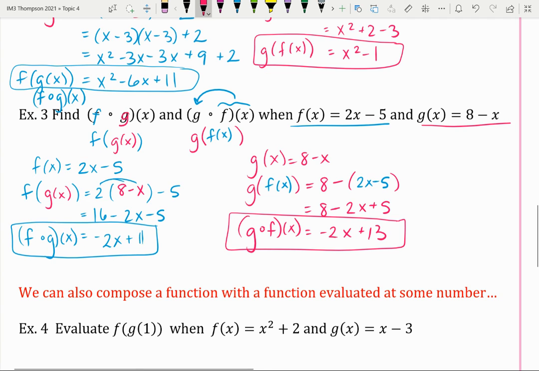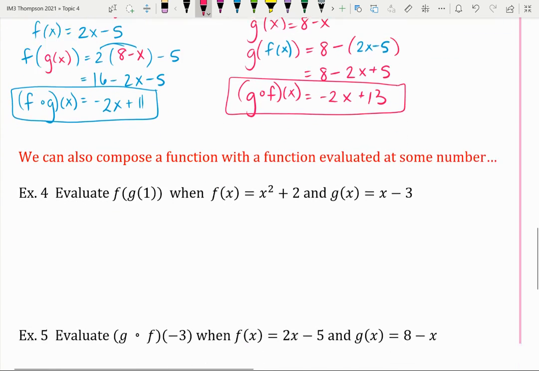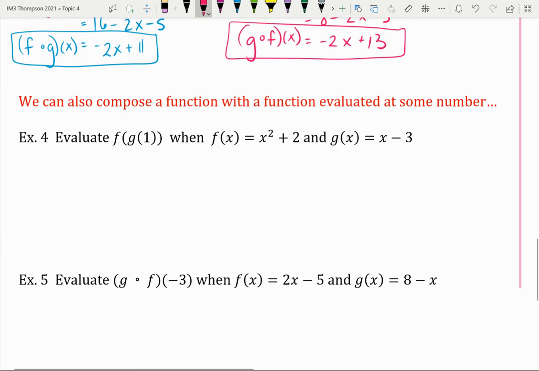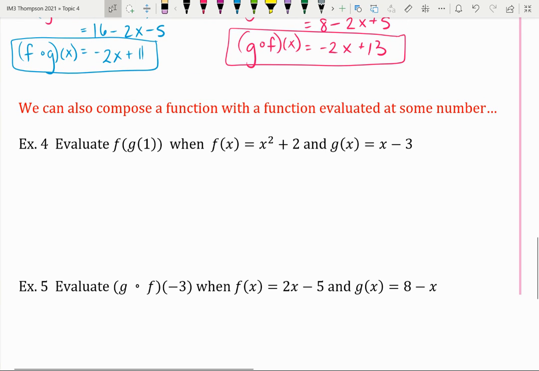So example 2 and 3 were composing a function with a function, and these last examples that I have here are composing functions evaluated at a number. You'll notice the functions are the same, just have different directions.